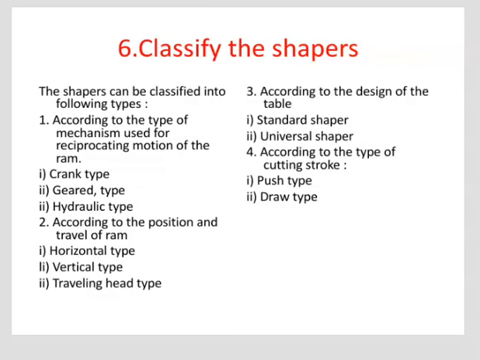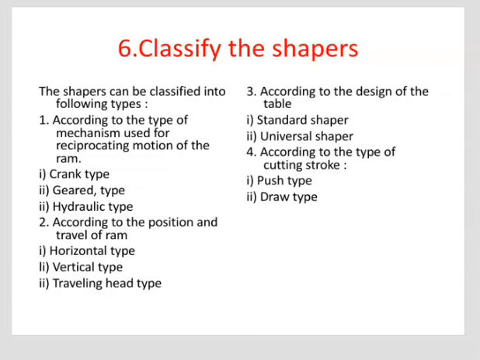The next question is: classify the shapers, or write the classification of shapers. According to the type of mechanism used for the reciprocating motion of the ram: crank type, geared type, hydraulic type. There are three different types of shaper machines according to the mechanism used.